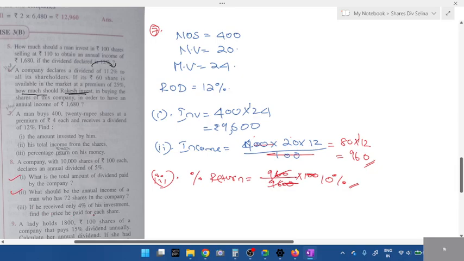The third one I'll discuss. Those who are done with this, try the eighth one.